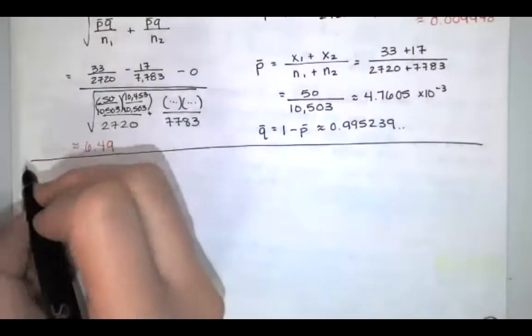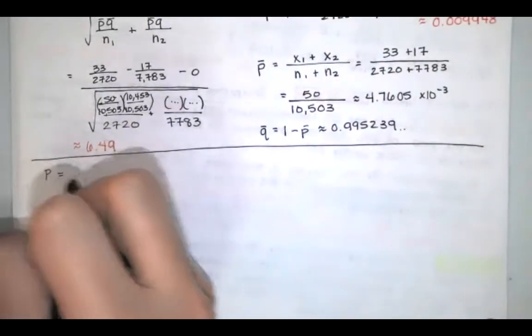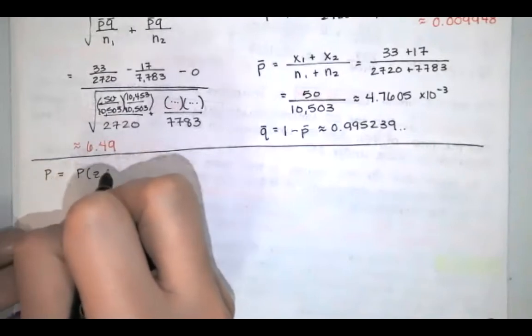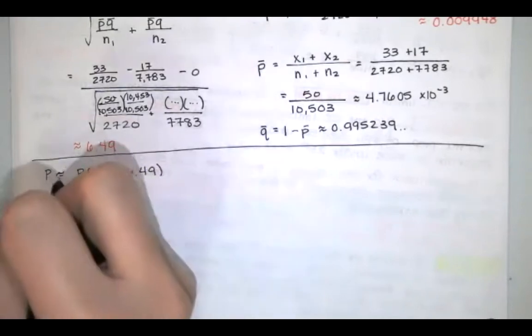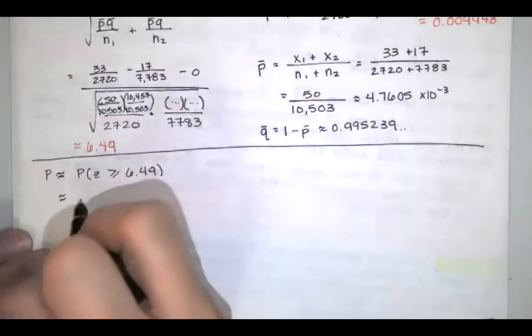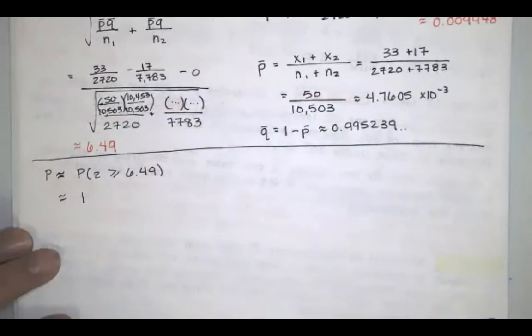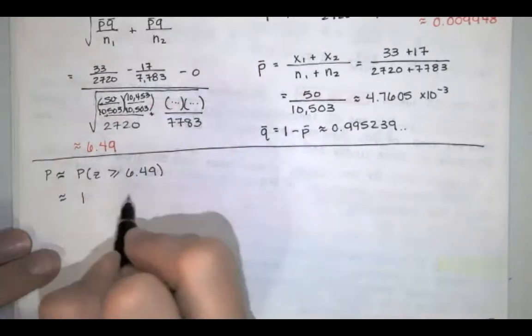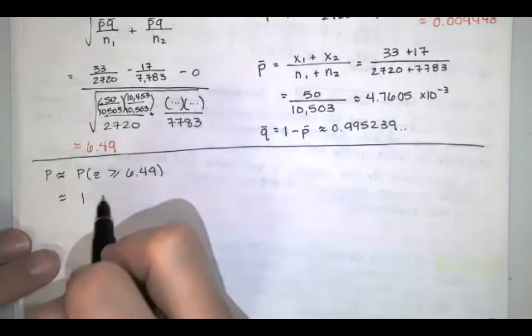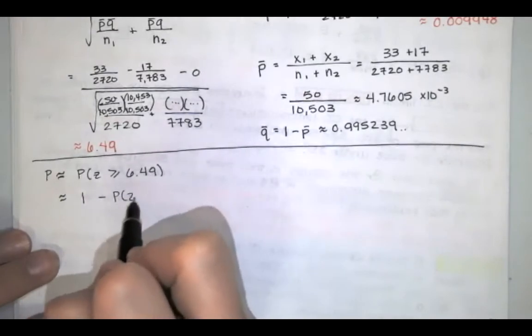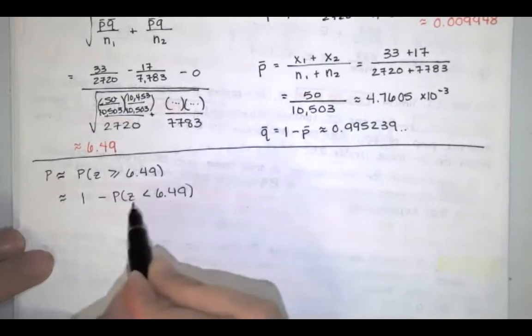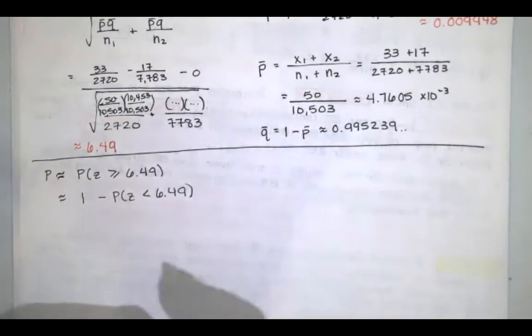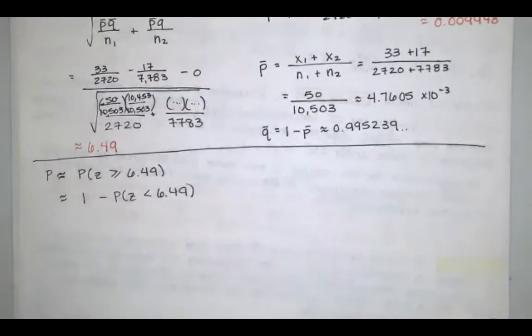So using table A2, we have the p-value is the probability that Z is greater than or equal to 6.49 approximately. Well, using table A2, we don't have areas to the right, we only have areas to the left. So if I want an area to the right, I have to actually take 1 minus the area to the left in order to find that. And then I look this z-score up in my table, and then I look for the entry in the table that tells me the area to the left of that particular z-score.